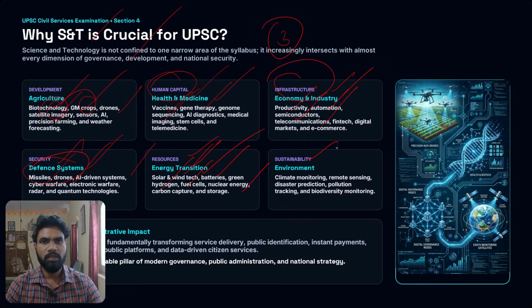And finally, in environment, you'll be studying technology in climate monitoring, remote sensing, disaster prediction, pollution tracking, etc. So you cannot corner science and technology to one area of the syllabus. Everywhere it is there. That is the significance of the subject.